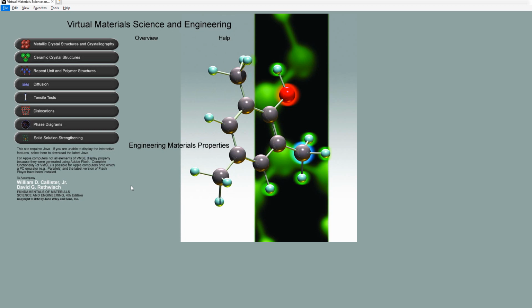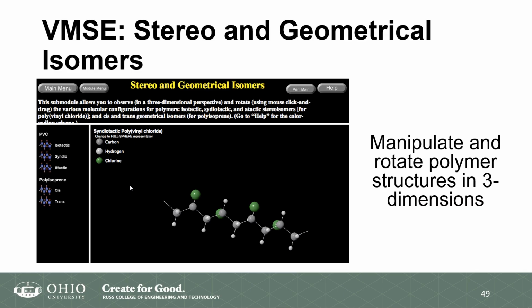And again, critical to understand, this only works with Internet Explorer and Safari. Unfortunately, it's like going back to the dark ages, basically. All right, so play around with those to be able to visualize them, but remember that we draw 2-dimensional representations of this to simplify how they look.